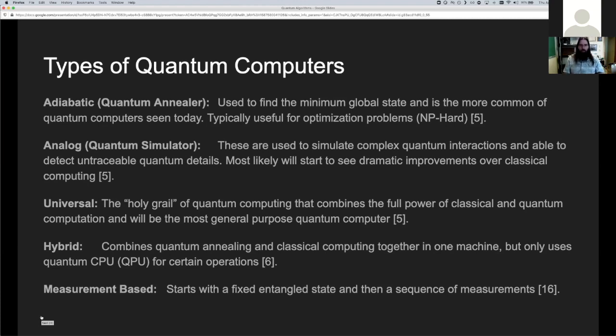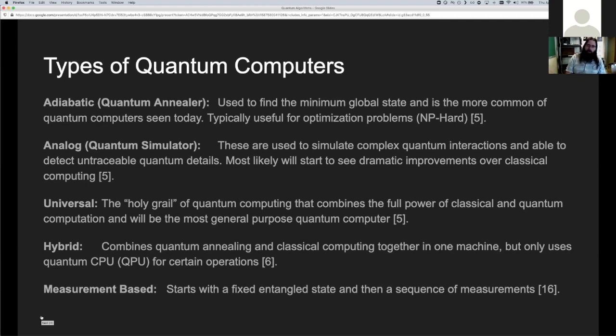A universal quantum machine is essentially the holy grail, so to speak. What I mean by that is it's the most general purpose quantum computer that you could have. So you could essentially do anything on it, much like a desktop version of it, to put it very simply.